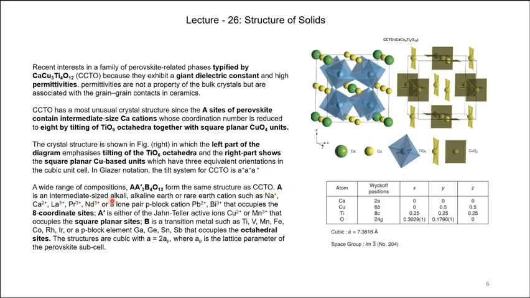A is an intermediate sized alkaline earth or rare earth cation such as sodium, calcium, lanthanum, potassium, or a lone pair p-block cation, lead, bismuth, that occupies the 8 coordinate A site. The A' site is a cation such as copper 2 or manganese 3 that occupies the square planar site, and the B site is a transition metal: titanium, vanadium, manganese, iron, etc. The structures are cubic with cell parameter a equal to 2 a_p, where a_p is the lattice parameter of the perovskite subcell.